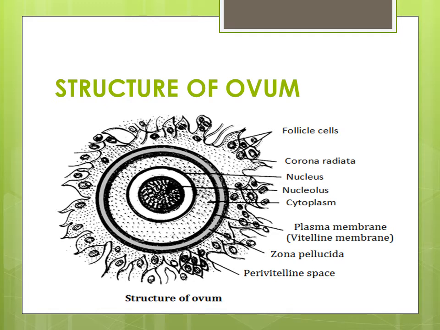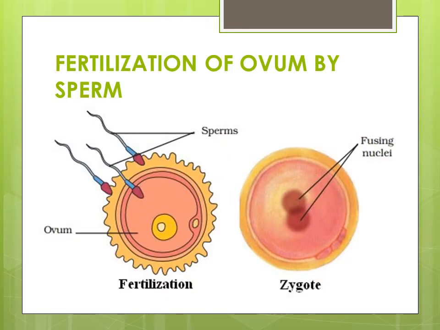Now, during copulation, the sperms are released into the female genitalia. Sperms may remain alive in the female genital passage for a few days, but their fertilizing power is limited to 1 or 2 days only. During fertilization, several sperms may surround an egg, but only one sperm enters it.